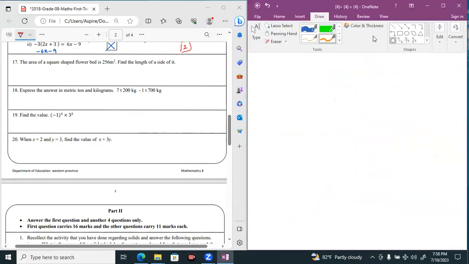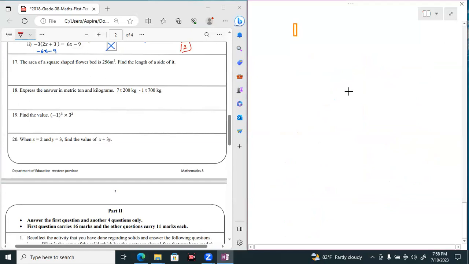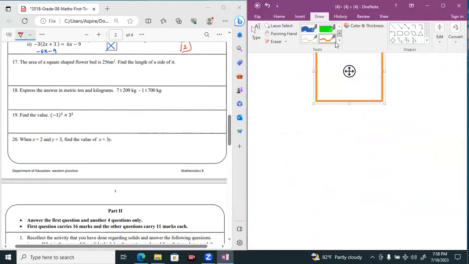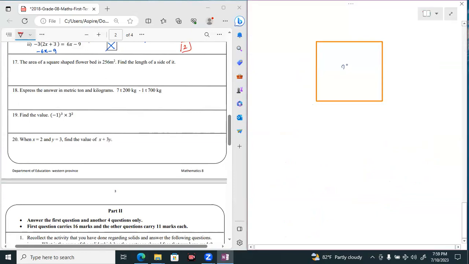If you are asked to find the perimeter or the length of a side, then remember that you have to take the square root of that particular value. Now here, 256 square meters.